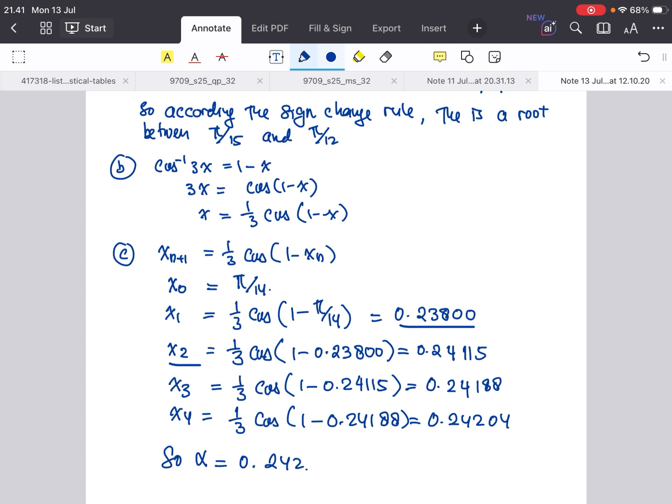And then to 3 decimal places, this one is 0.242. This one is also 0.242 correct to 3 decimal places. So this and this are already the same. Then we can make the conclusion that alpha is 0.242.